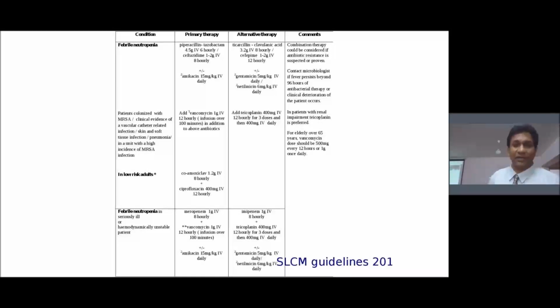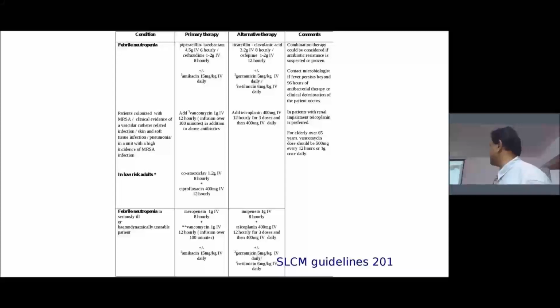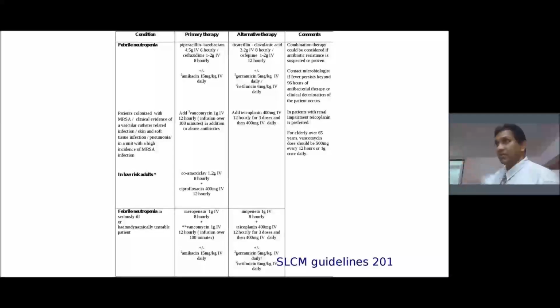Okay, so what are the recommendations? You can see that in, let's say, our patient that we were talking about, what would you start off with? What would be your preference in terms of antibiotics?